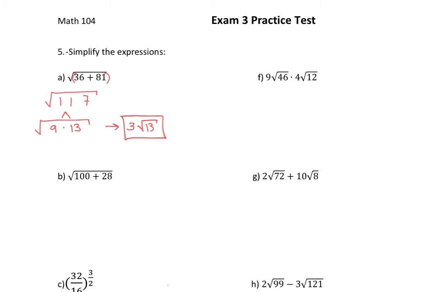So we must add inside the parentheses before we take the square root. All right, the next question is the same idea. So I have 100 plus 28 is 128. The factors of 128 are 64 times 2, and the square root of 64 is 8. I cannot take the square root of 2, so that is our final answer.